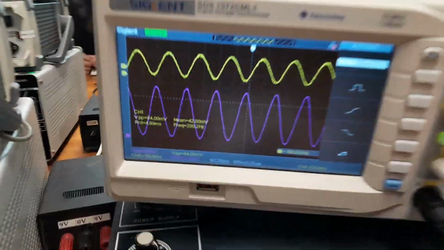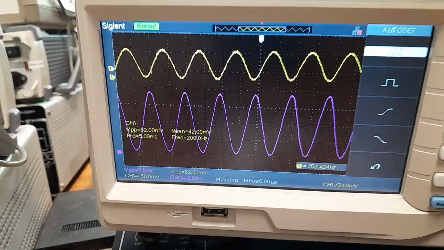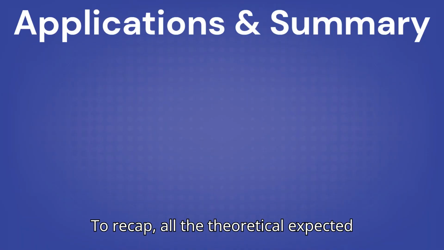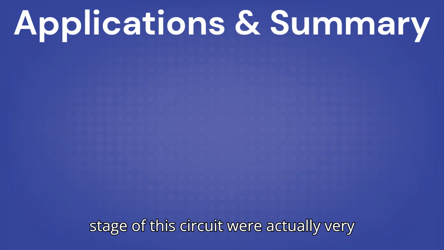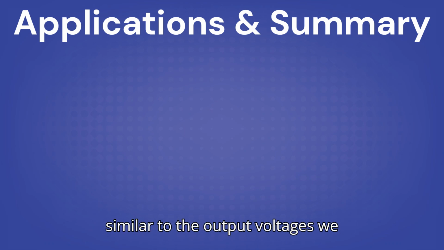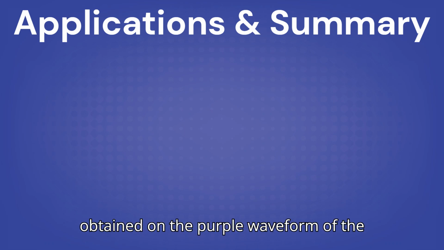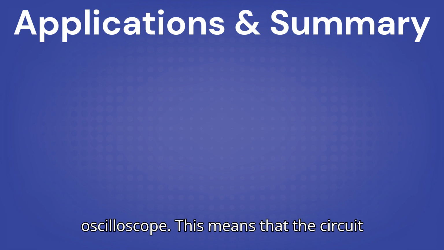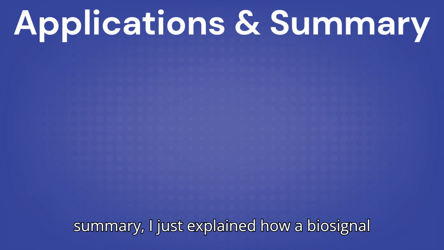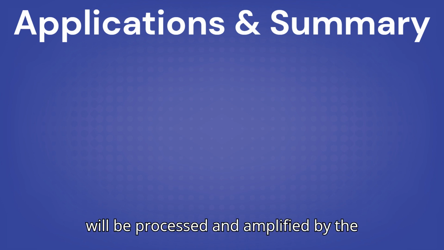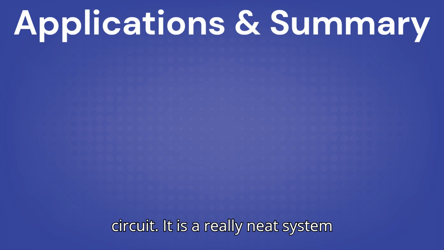To recap, all the theoretical expected output voltages we calculated at each stage of the circuit were actually very similar to the output voltages we obtained on the purple waveform of the oscilloscope. This means that the circuit was functioning well. In summary, I just explained how a biosignal will be processed and amplified by the circuit.